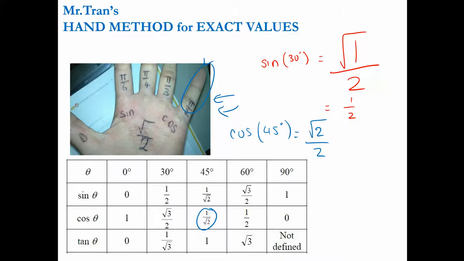You have no fingers on the right-hand side, so therefore it's square root of 0 divided by 2, which is 0. That's why cos of 90 is 0. It's the same thing with sine of 0. Sine of 0 means drop the thumb. There are no fingers on the left-hand side, so 0 divided by 2 again. That's why sine of 0 is 0. So that allows you to find all 10.